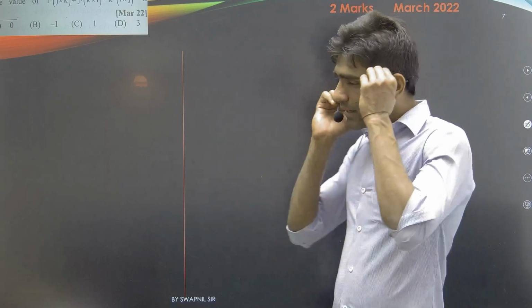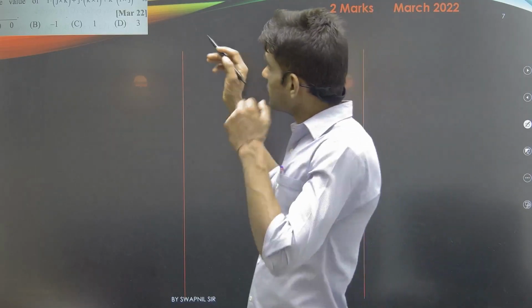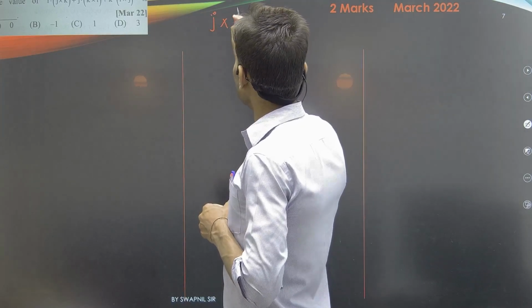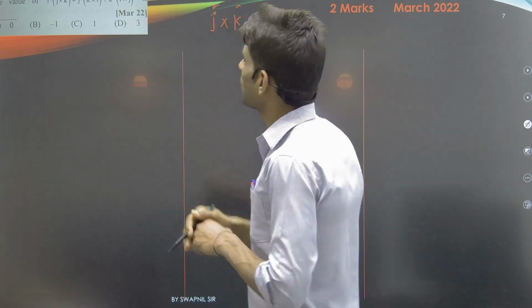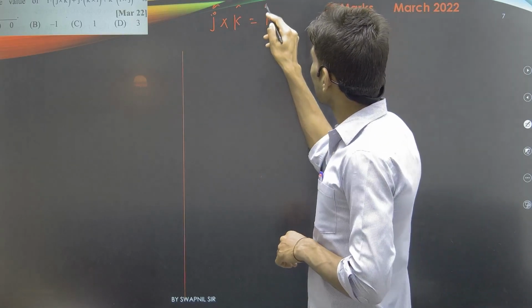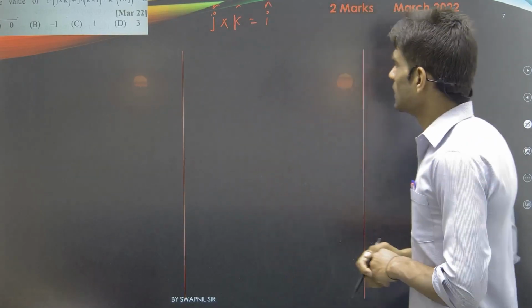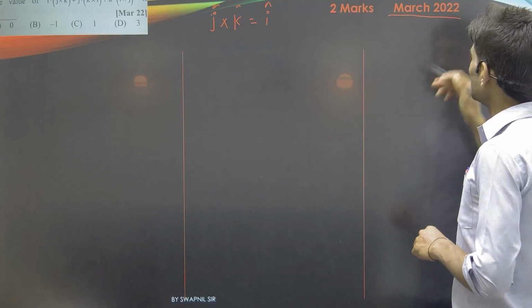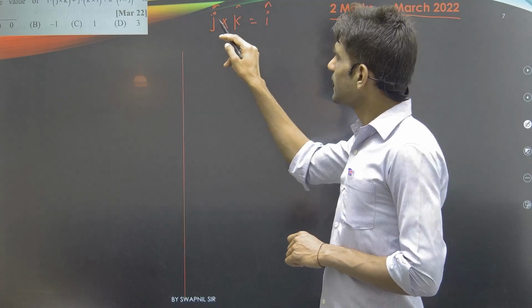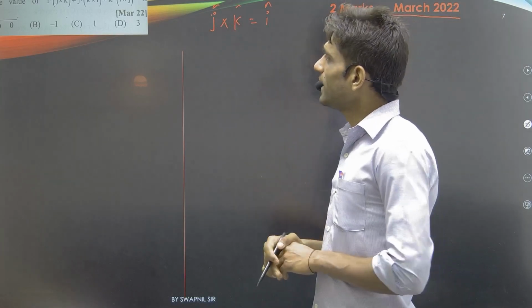We know that j cross k, j cap cross k cap, we can write as i cap. This is just a basic result. This question was asked in the March 2020 board exam for 2 marks. So we write j cap cross k cap as i cap.